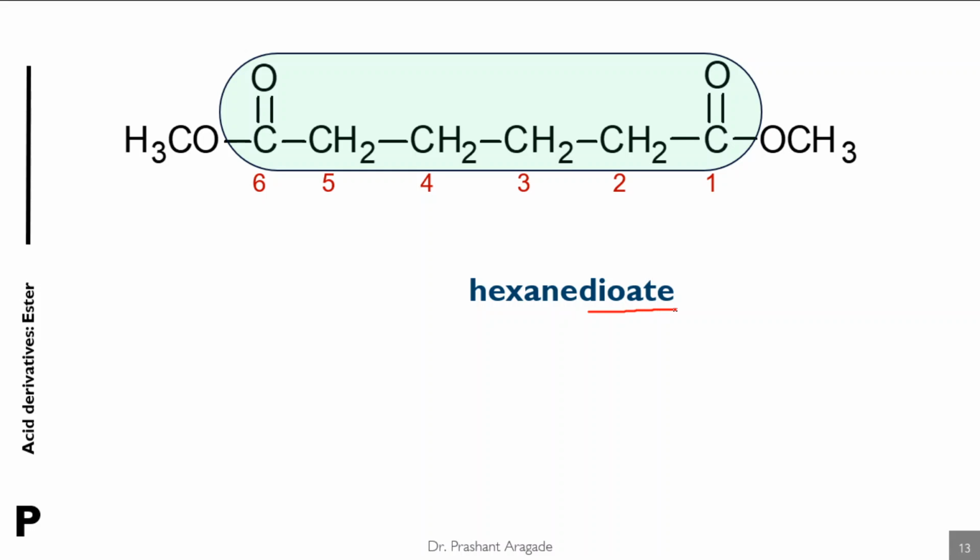Dioate indicates the ester functional group is present 2 times, and you mention the positions of the ester functional group, that is 1,6-hexanedioate is the name of this compound. And you have to mention the alkyl portions, that is dimethyl. This is the first methyl and this is the second methyl. If another alkyl group is present, then you have to arrange the alkyl groups in alphabetical order.